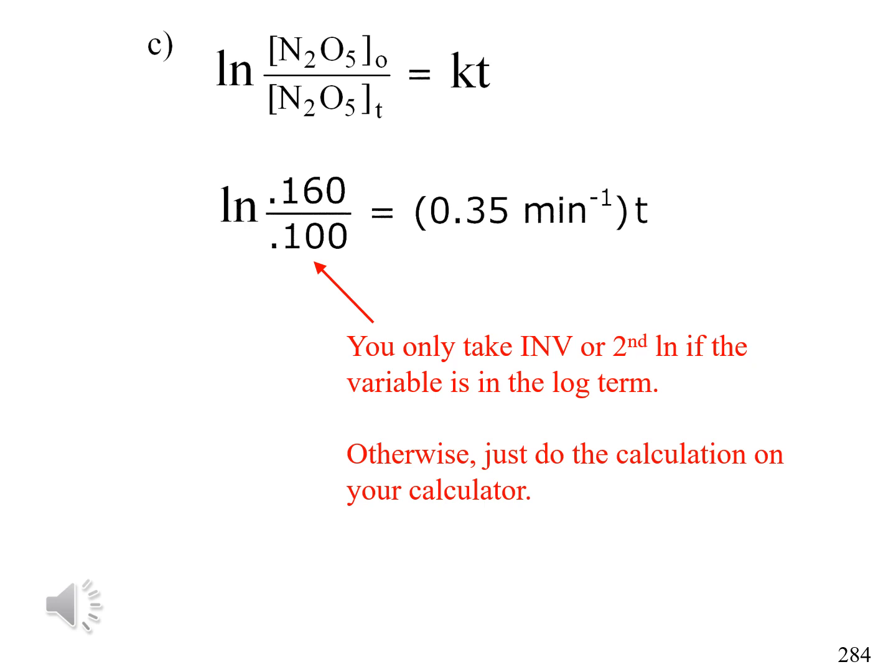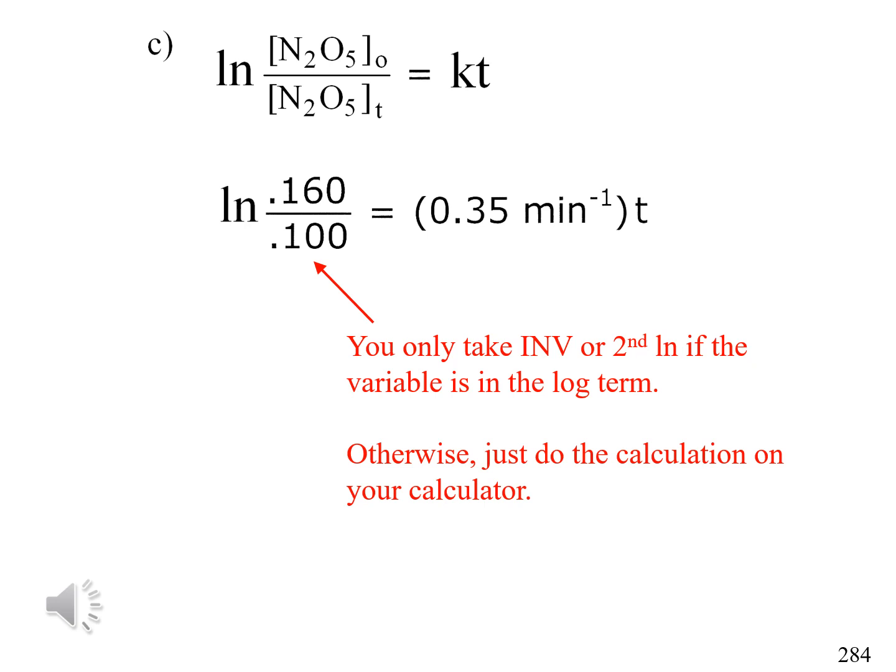But this brings up a problem because people want to take the second ln in this kind of a problem, but you don't. The only time you have to get rid of the log by taking the second ln is if the variable is in the log term. The truth is that you can take directly the ln of 0.16 over 0.1 on your calculator, and that comes out to an actual number.